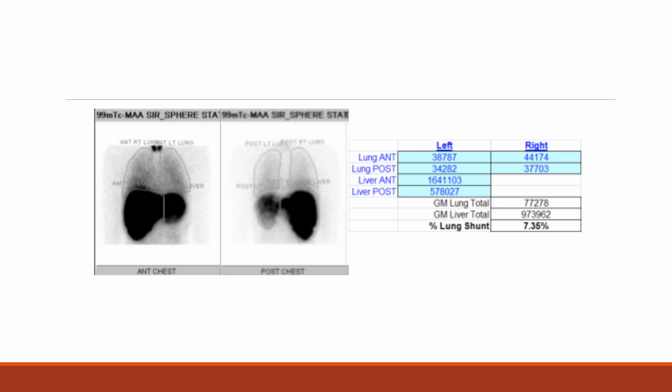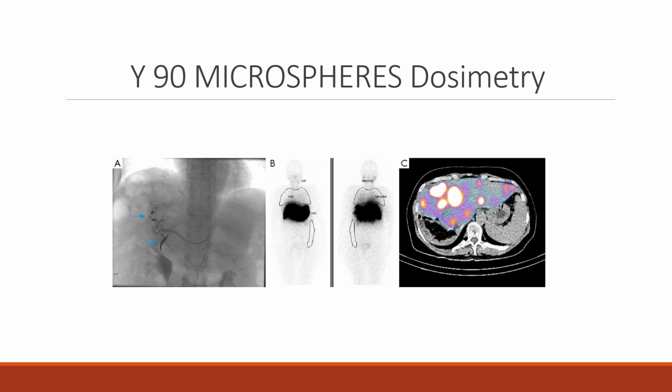Now, with the dosimetry, you can also do SPECT and SPECT CT. This would be an example where this is fluoroscopy, and in image A is where that port is actually placed. This is the outline of the patient's liver, and of course this is their spine. What you're seeing here is where that port was placed under fluoroscopy to make sure that it's going to go to the blood supply for the liver.